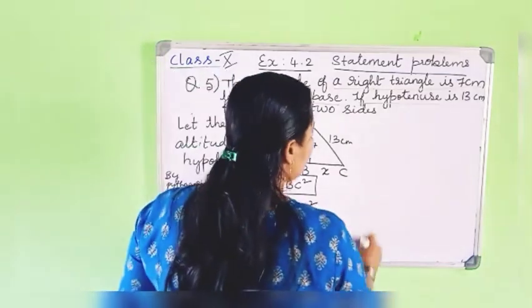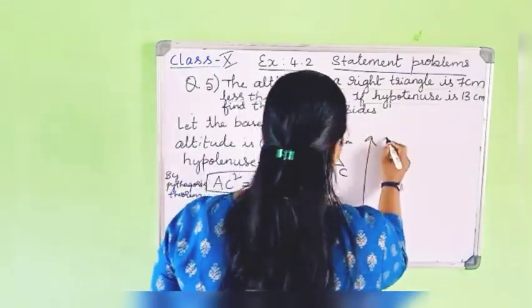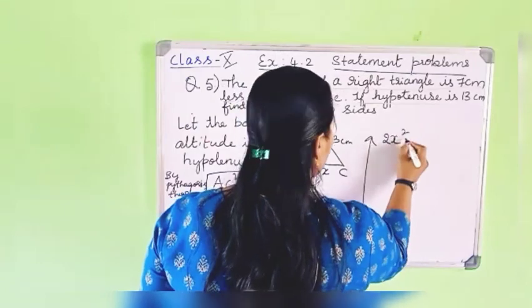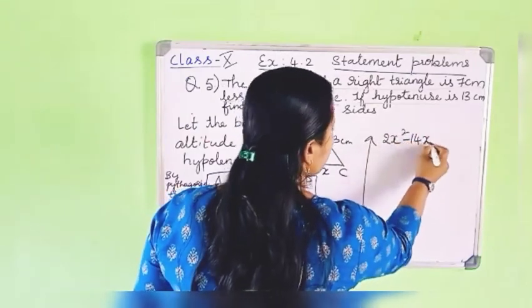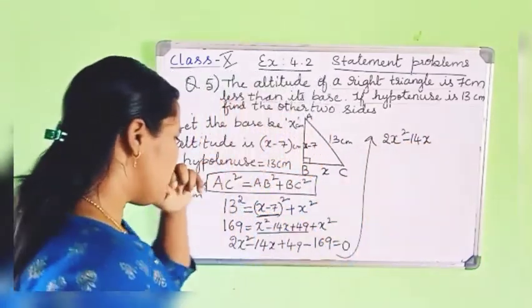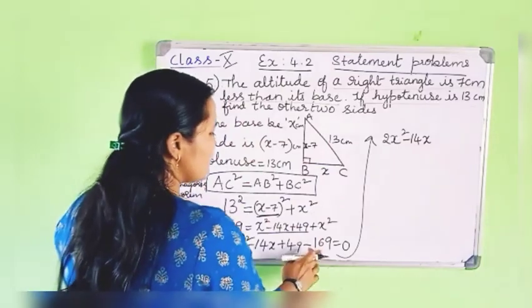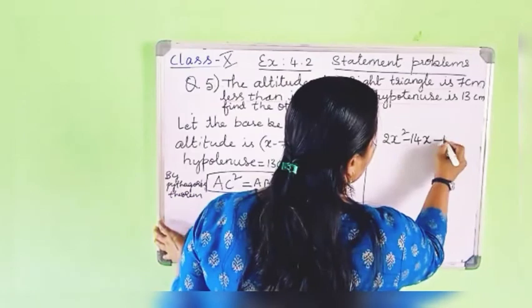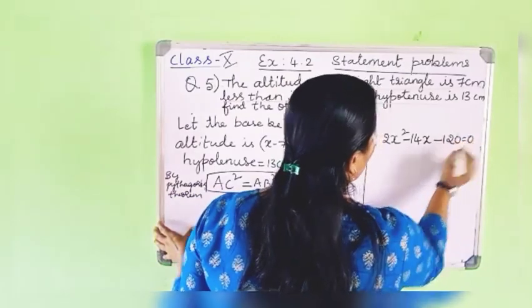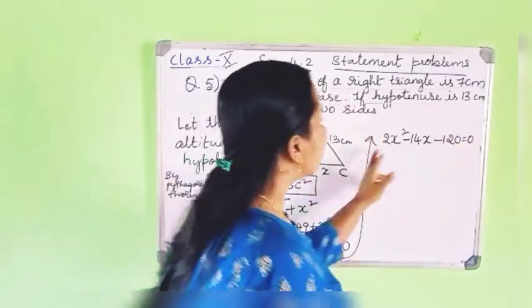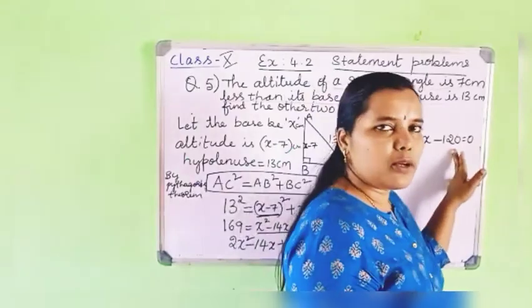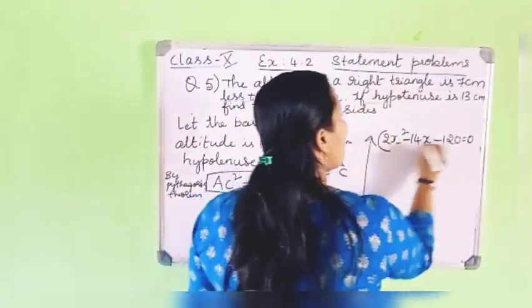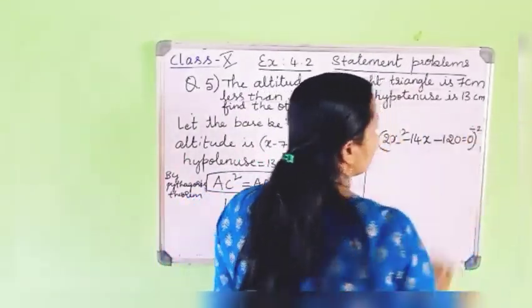So after this step we have 2x square minus 14x, and minus 169 plus 49 is minus 120, equal to 0. You can check all these terms are divisible by 2. Therefore, the whole equation is divided by 2.